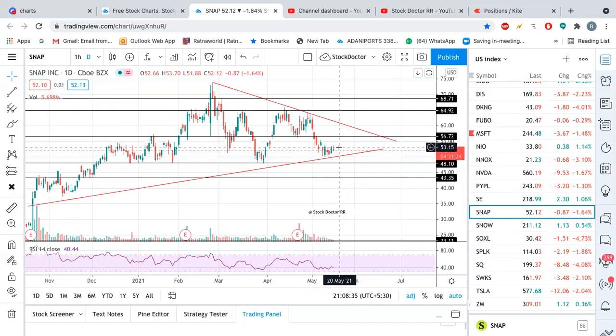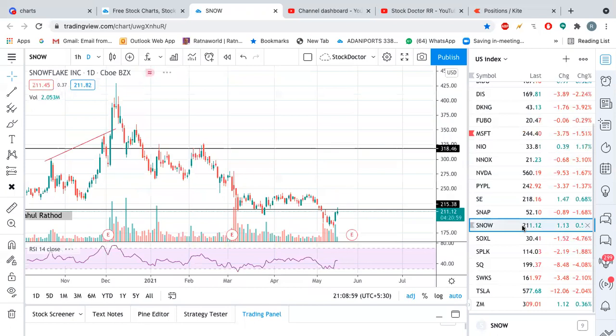Right now, I cannot see a good price action here to buy, but definitely if it comes toward 48, and it gives a good price action, then definitely I would be a buyer here.